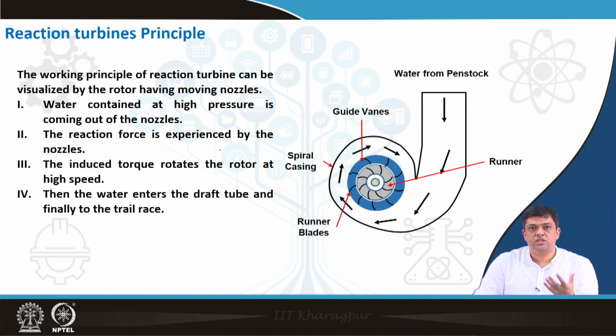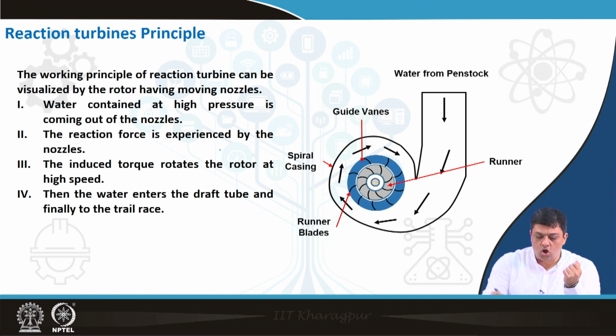To explain this in slightly more detail, you will see that the water is contained at high pressure and is coming out of the nozzle. The reaction force is experienced by the nozzles.